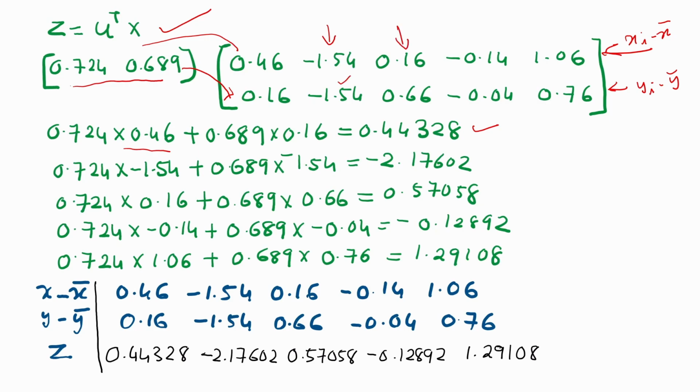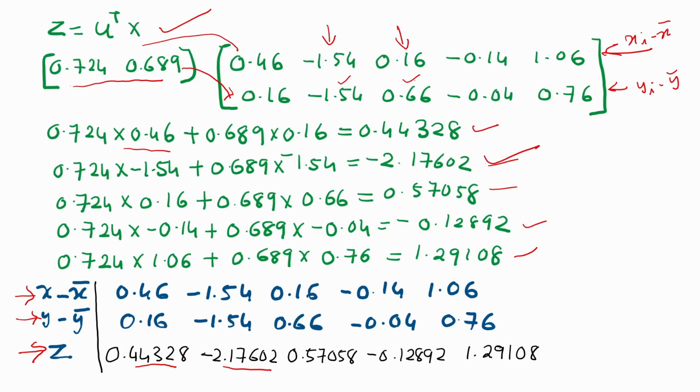Third one, 0.724 into 0.16 plus 0.689 into 0.66. Similarly you are finding for all other columns. This is our X minus X bar, the centered value, this is Y minus Y bar, and now we have found the projected value Z. These are the values, 0.44328 is the first value, minus 2.17608, and so on.